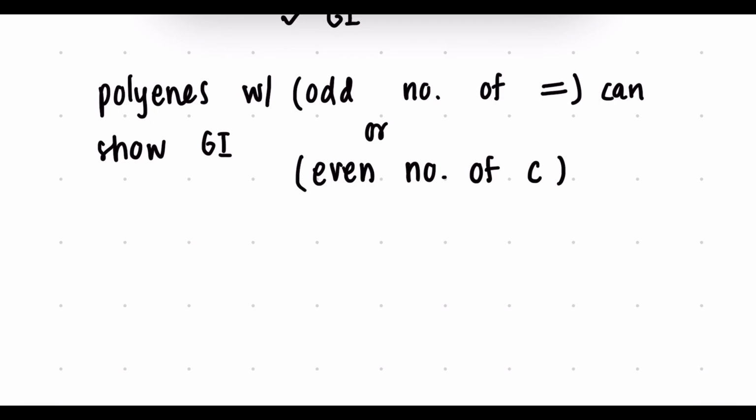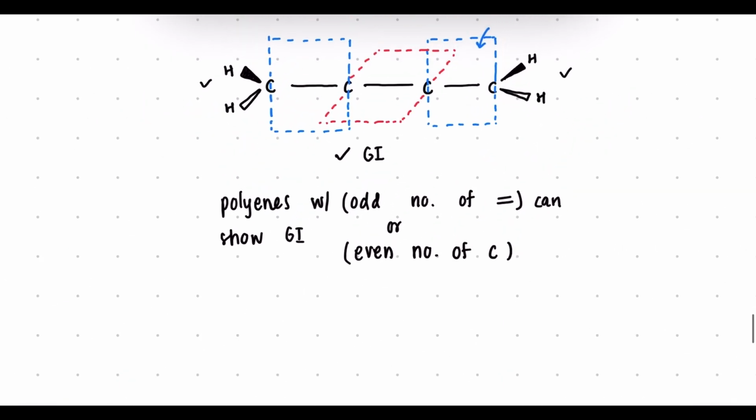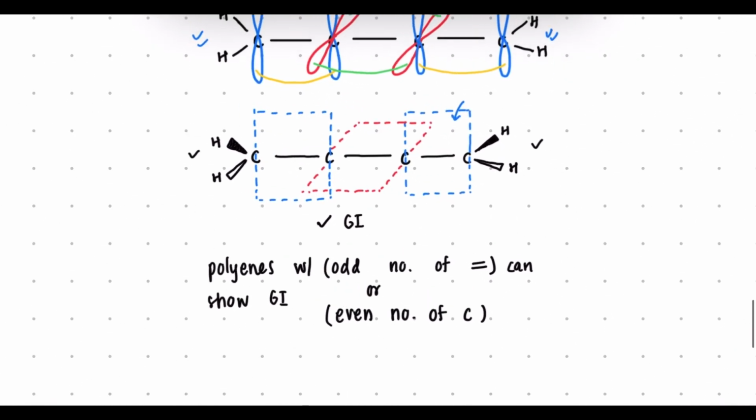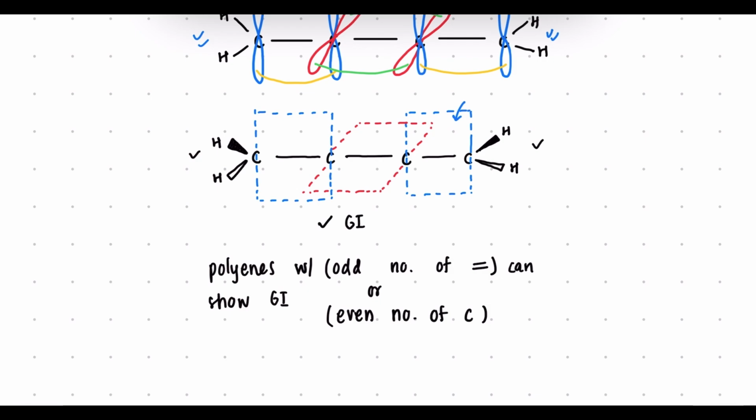You could remember it either way. So yeah, that's all about allenes and polyenes showing geometrical isomerism.